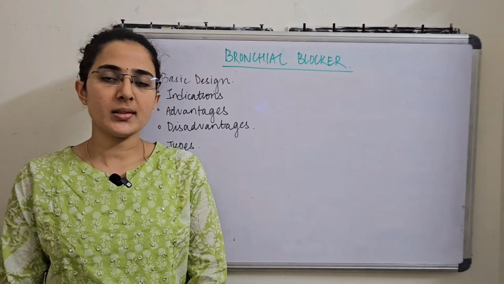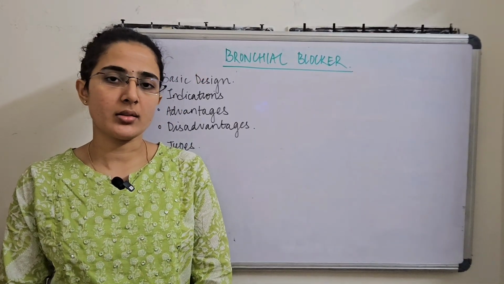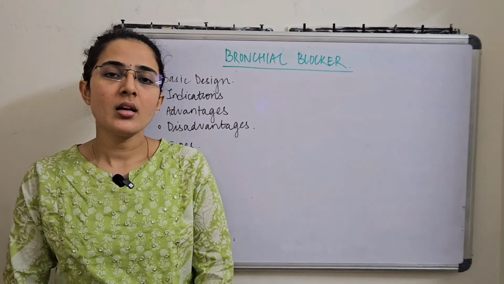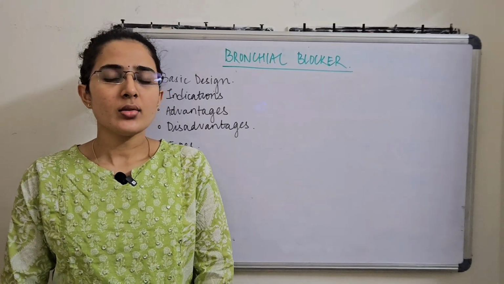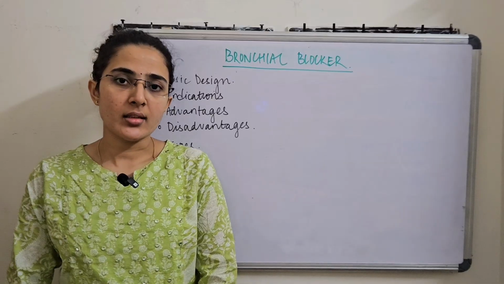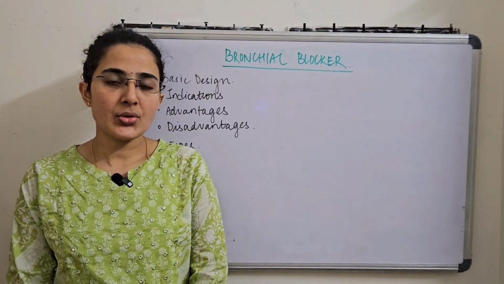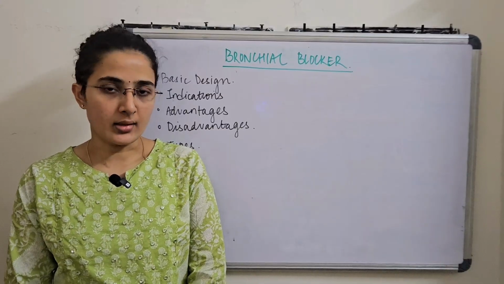The second part of this video will be discussing bronchial blockers. These are also devices which are used for achieving single lung ventilation. It is passed through a standard single lumen endotracheal tube and used to obstruct the ventilation of one particular lung.